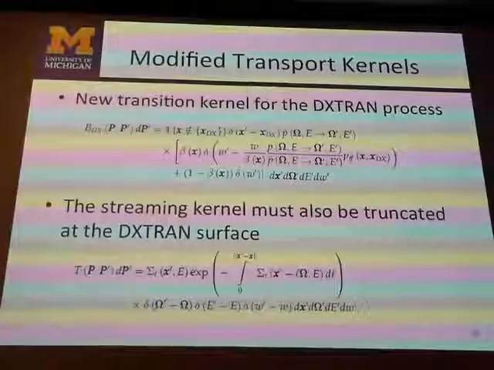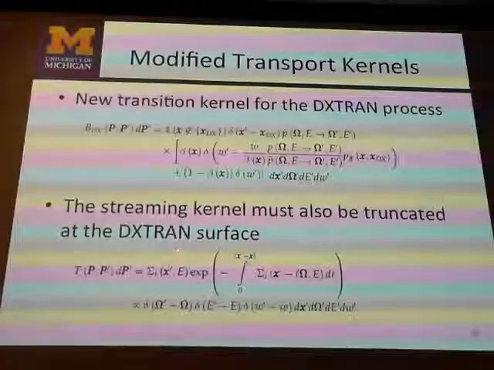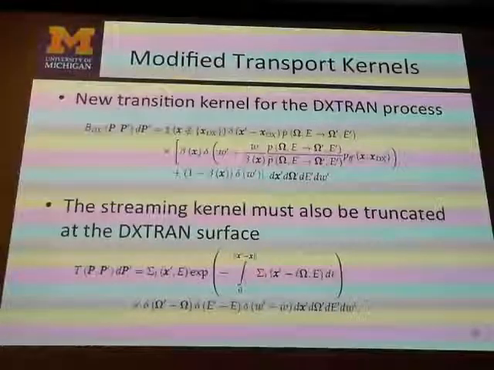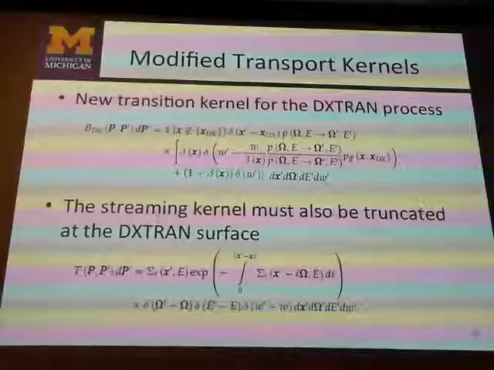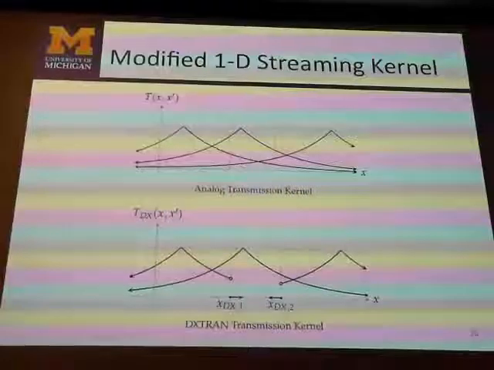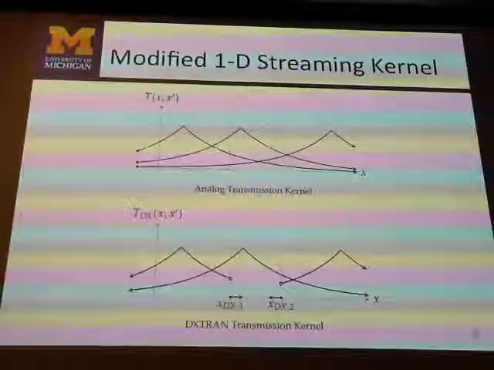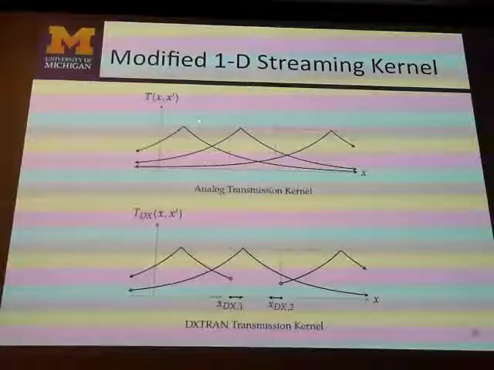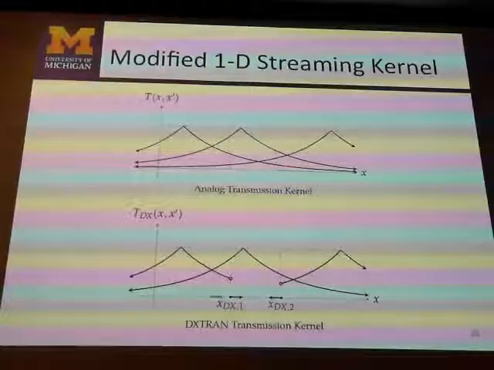Now for the normal random walk, we have to truncate the streaming kernel. So this is the equation that describes the normal transport process moving from one position to the other. But we have to chop this off at the DXTRAN region. To illustrate this, let's do a 1D case where we push particles out either left or right. The analog transport kernel, wherever we start, you just see exponential falloff.